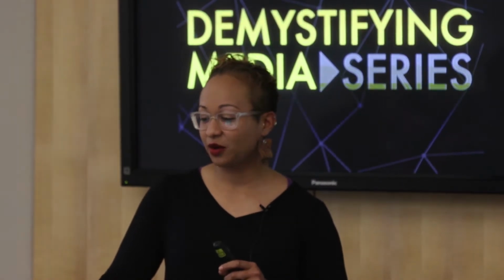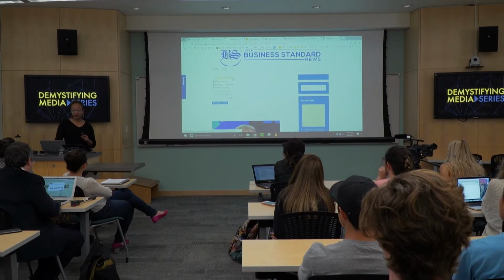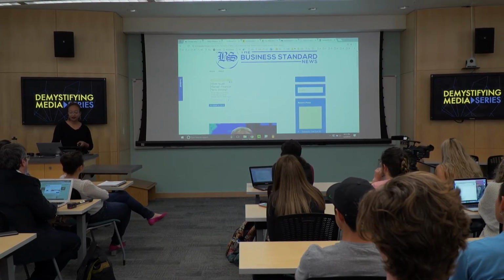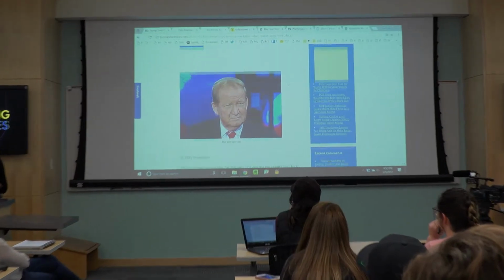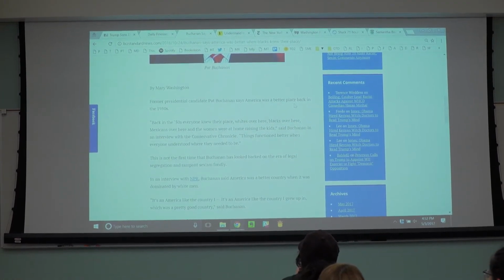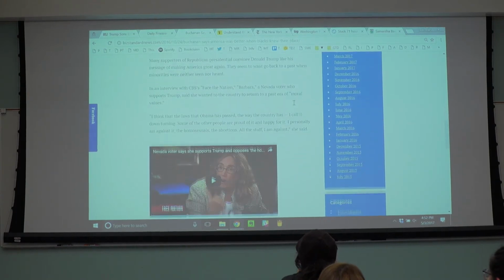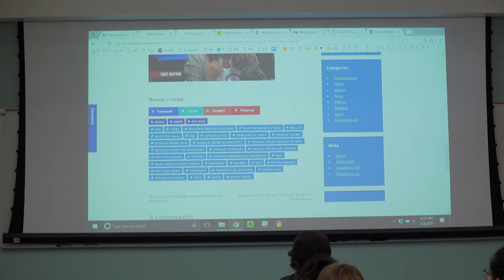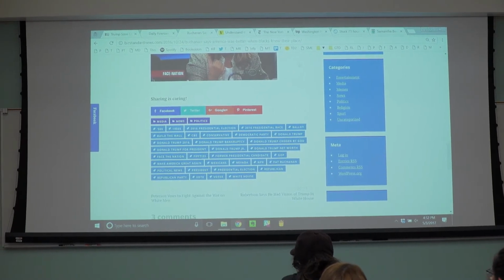All right? What about this one? The Business Standard News. Pretty official looking logo, you know? Kind of weak picture quality, but there's bylines, right? There's things that look like they could be a news story. There's an embed. We all have embeds now. There's a whole heap load of tags and some obligatory sharing things, right?